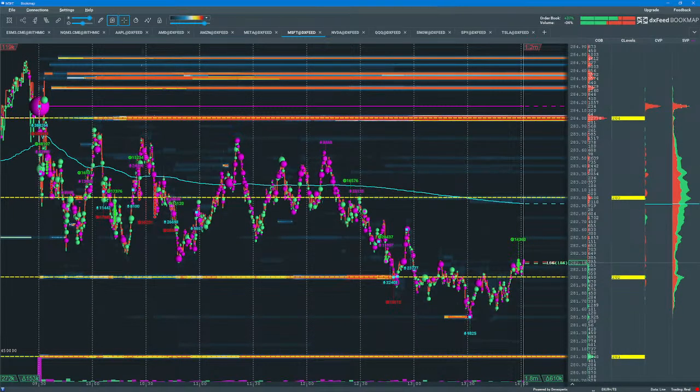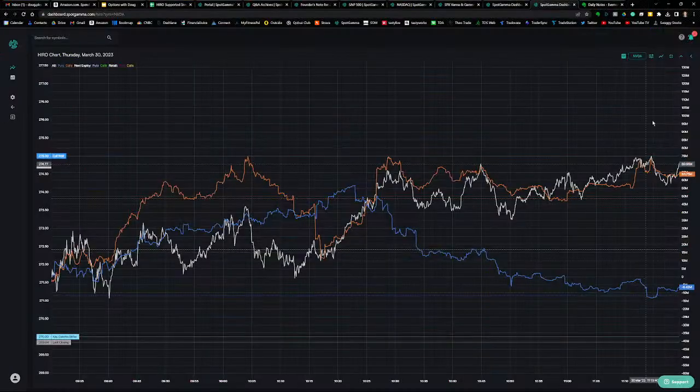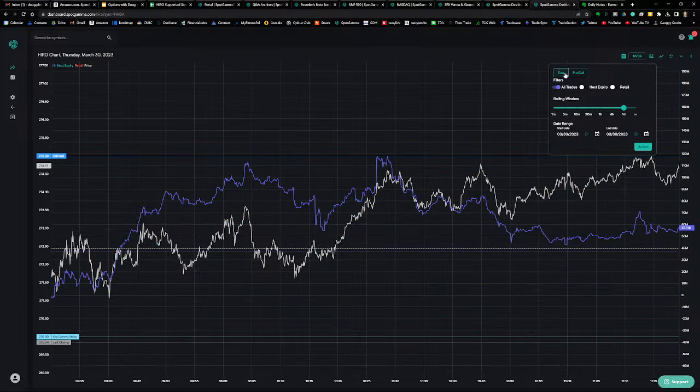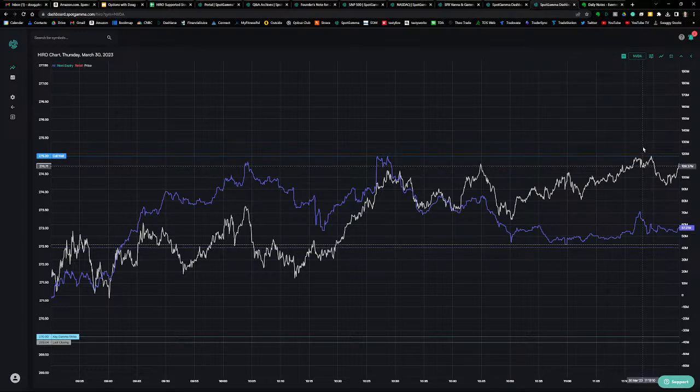All right, let's go back to Hero. And just while we're here, let's take a look at the total signal, which was also bullish up until about 10:30. All right, so that's Nvidia. Let's go take a look at Microsoft now.